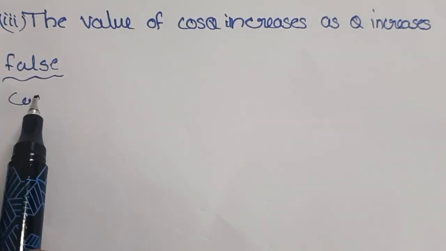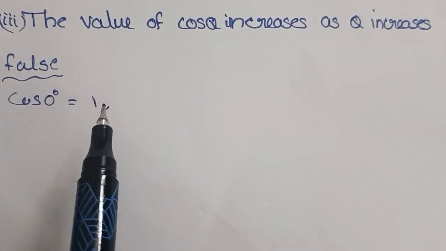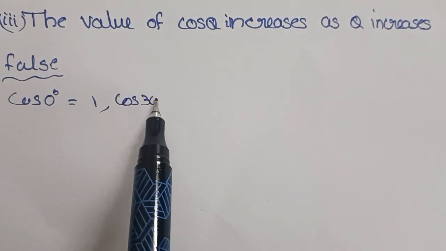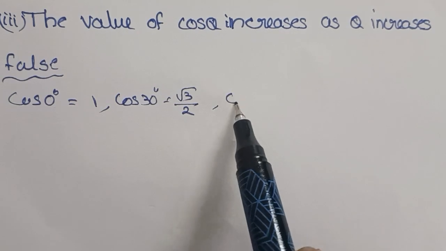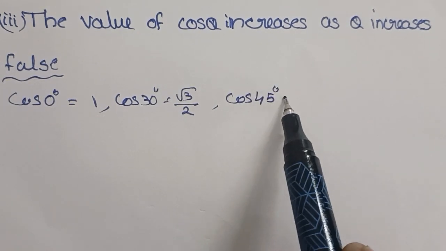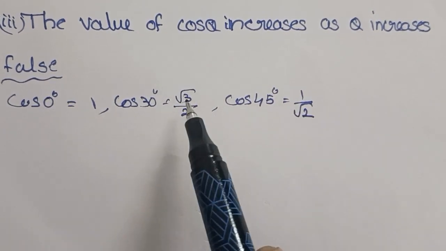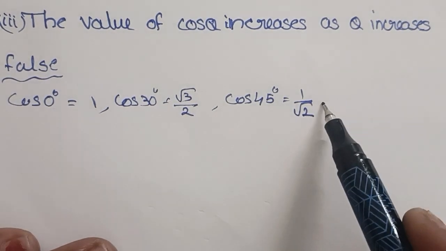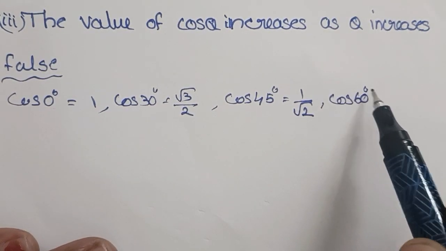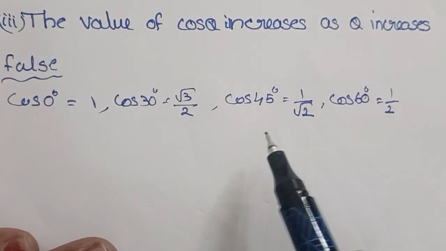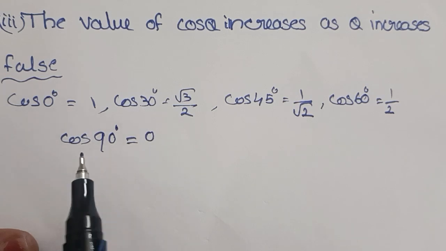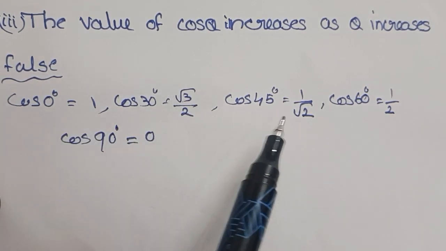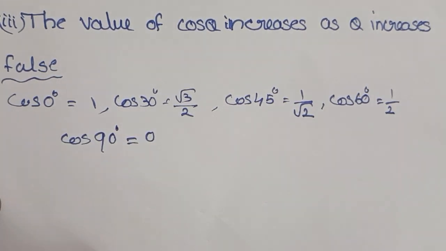Because cos 0 = 1, cos 30 degrees = root 3 by 2, which is less than 1, and cos 45 degrees = 1 by root 2, again less than root 3 by 2, and cos 60 degrees = 1 by 2, and cos 90 degrees = 0. Therefore, the value of cos decreases as theta increases. Okay, so the given statement is false.